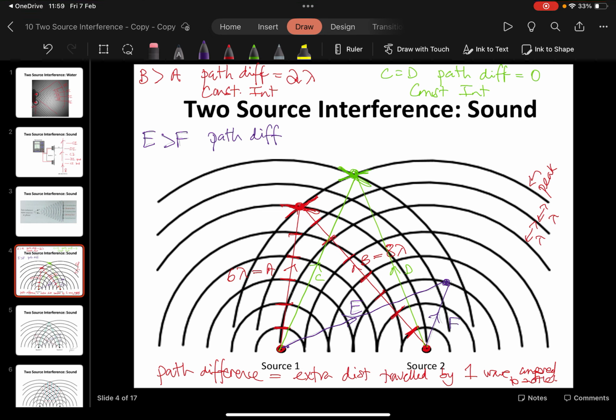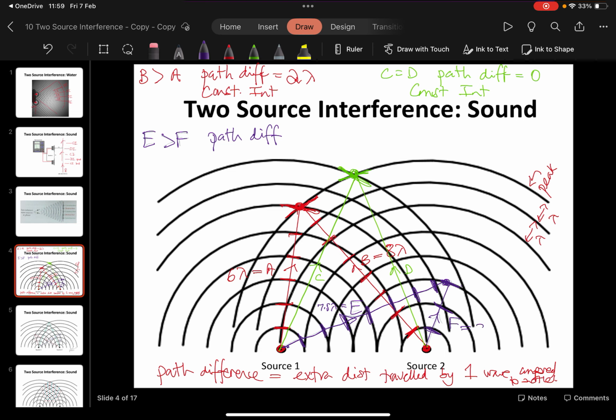Let's work out what that is. So from source 1, 2, 3, 4, 5, 6, 7, and it's halfway to the 8th. So we've got 7.5 lambda is the path taken by route E. Okay, path F, 1 wavelength, 2 wavelengths, and 3 wavelengths.